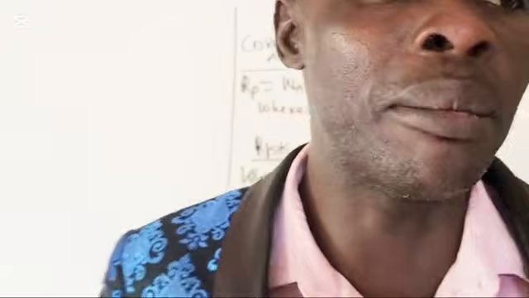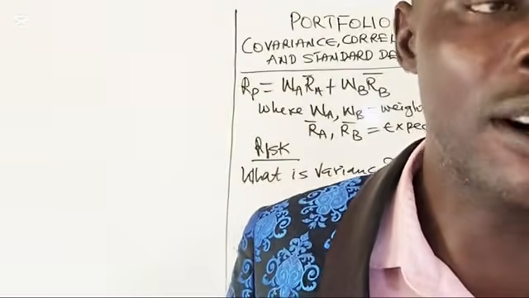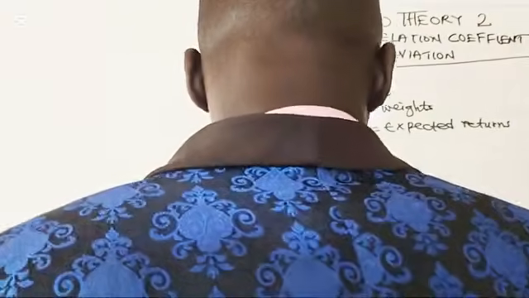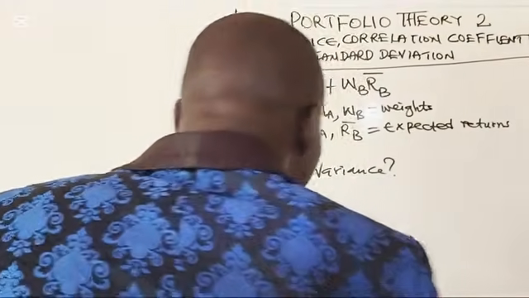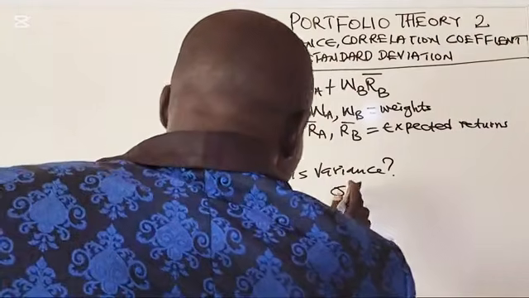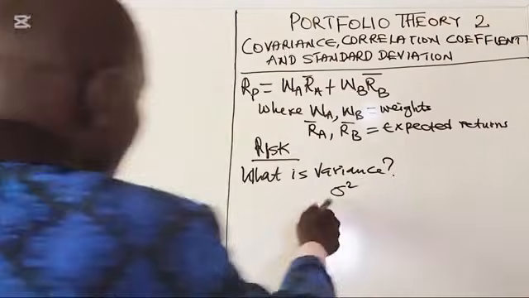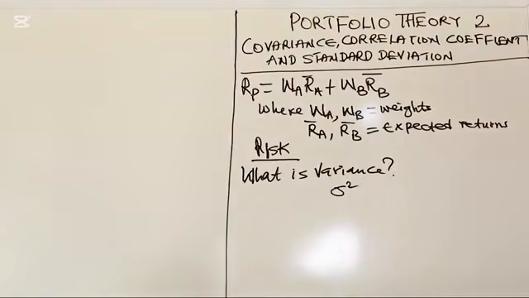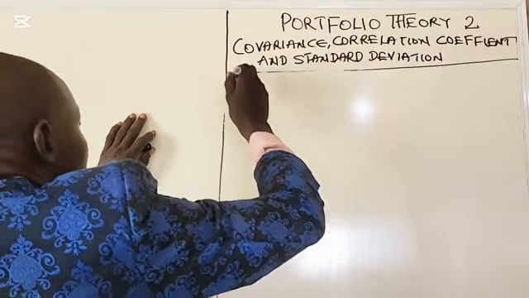So we want to examine the formula for calculating variance. I'll be using this symbol for variance. Variance is the square of the deviation.